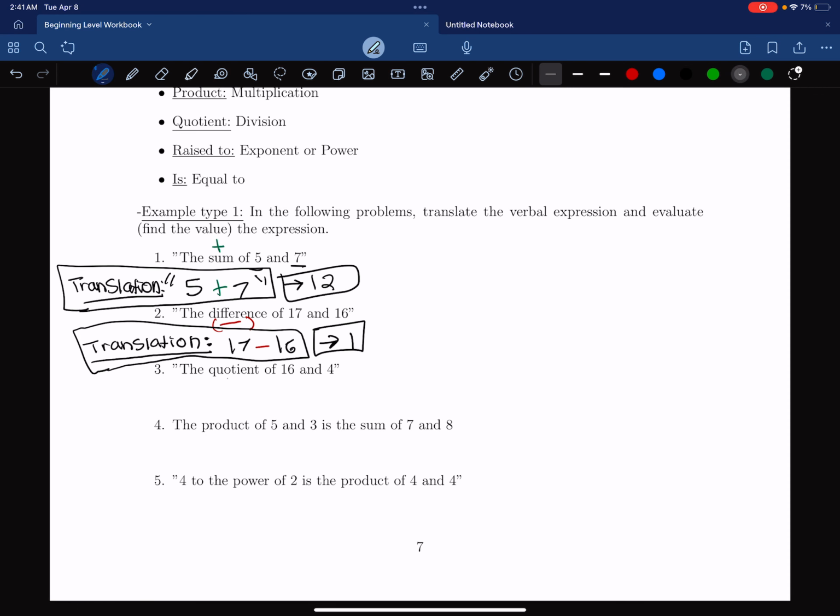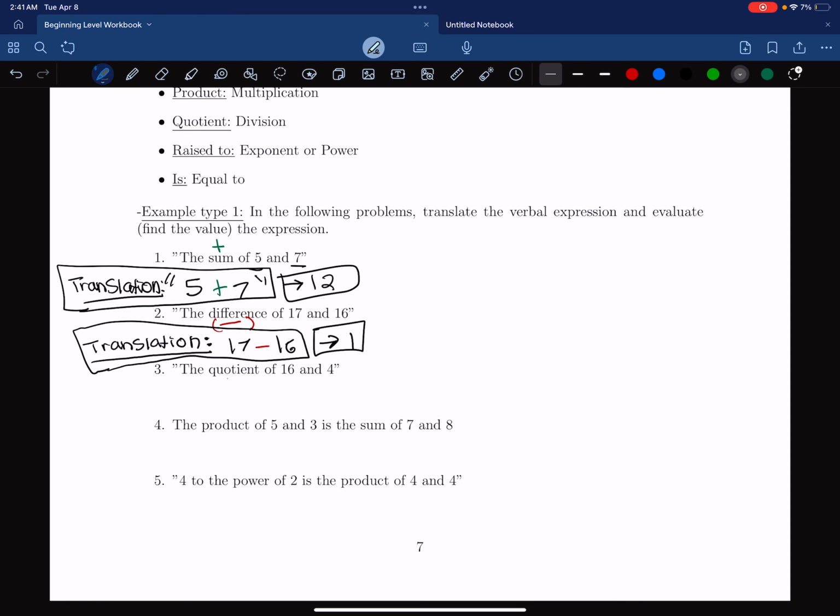Now we have a little bit of a longer expression, but let's go through it. We have the product of 5 and 3 is the sum of 7 and 8. If you haven't yet, I encourage you to pause the video, and assuming you have worked through it, let's go through it. So we have the product. The product means multiplication. So I'm just going to put an X here. Actually, let me do a different color because that's a little bit of a bright blue.